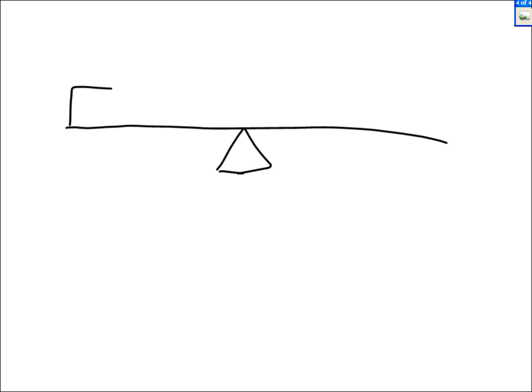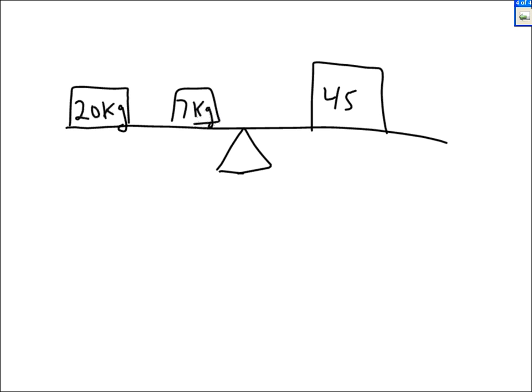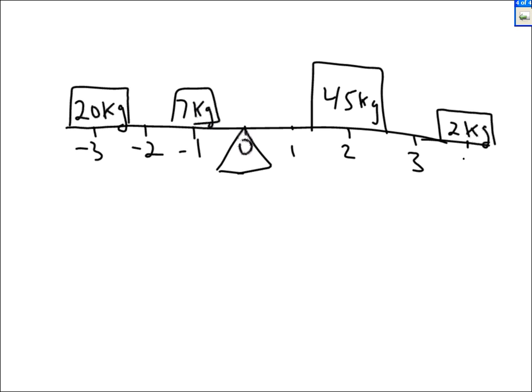And you have some weight here, 20 kgs, and another weight here, a little bit less, 7 kgs. And you have this very big mass, 45 kgs, and along here you have a little one, 2 kgs. And this is at -3, -2, -1, 0. I'll call this 1 and 2 and 3 and 4.